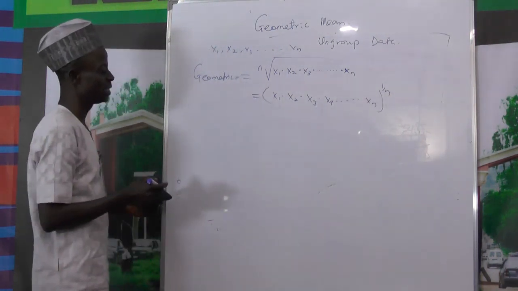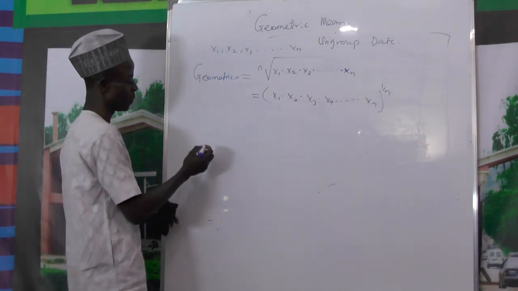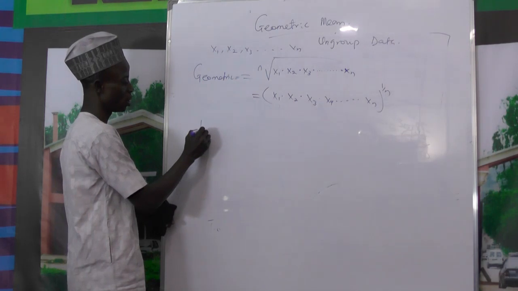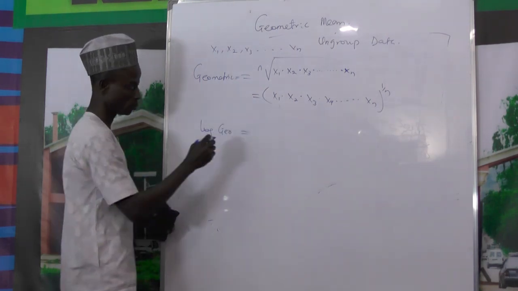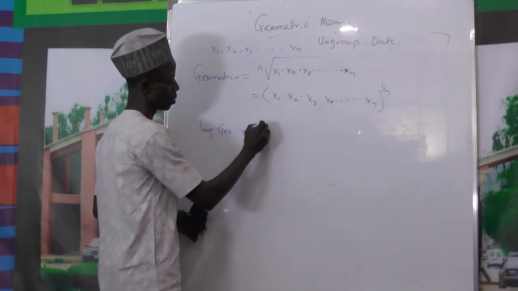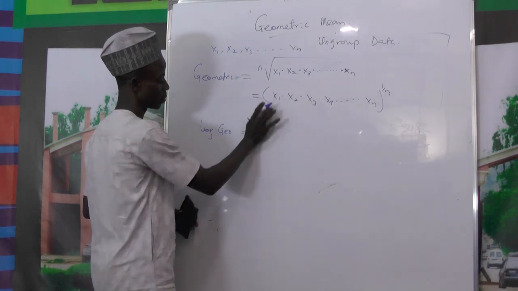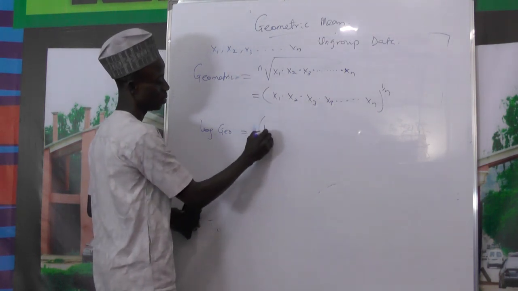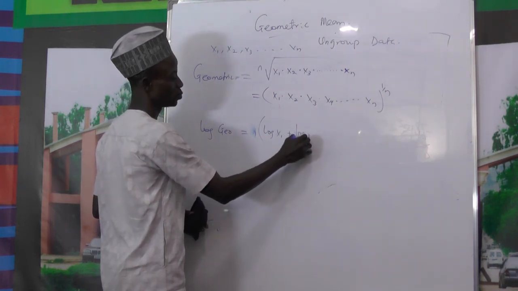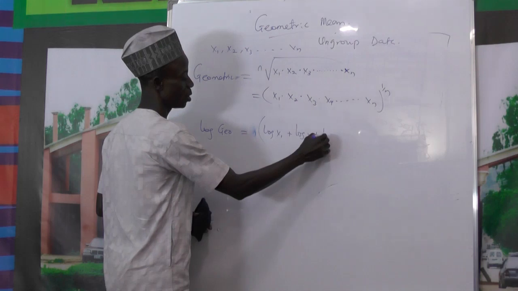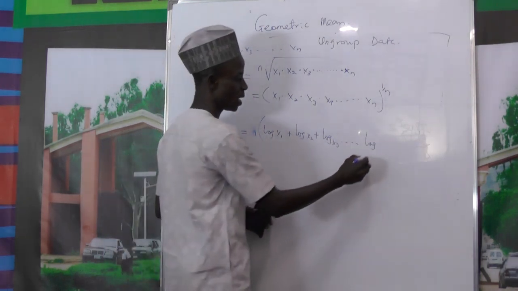So to now get this, you first take the log of your geometric mean. So this simply means that your log of geometric mean will be equals to log of x1 plus log of x2 plus log of x3 up to log of xn.